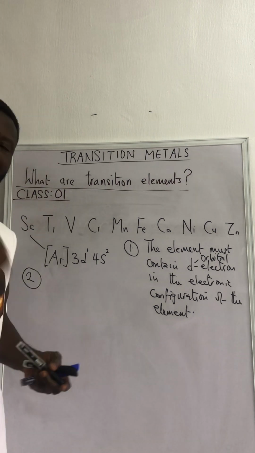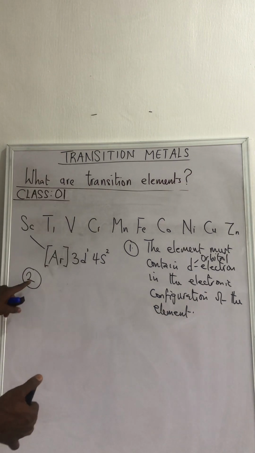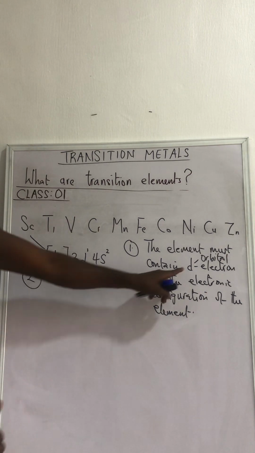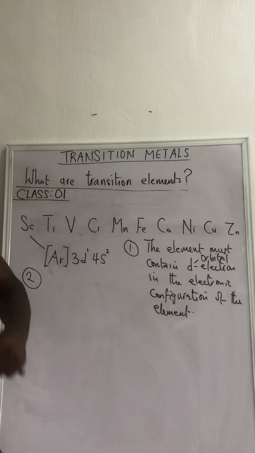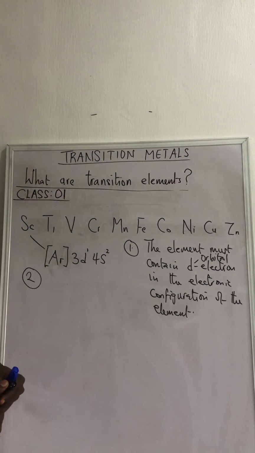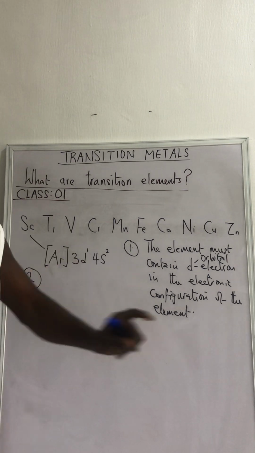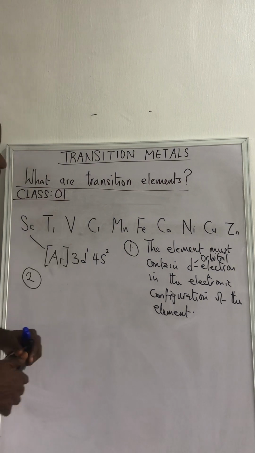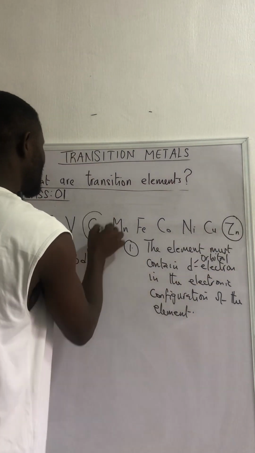in the actual definition of transition elements, this d orbital must not be completely filled. Must not be completely filled, as we find out in zinc, as we found out in chromium.